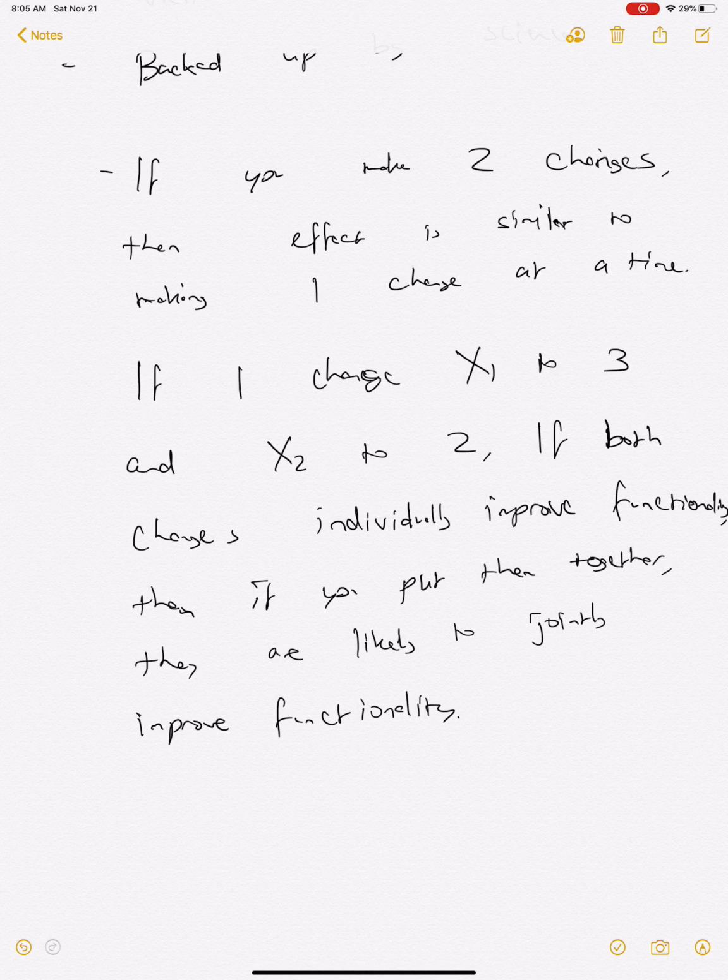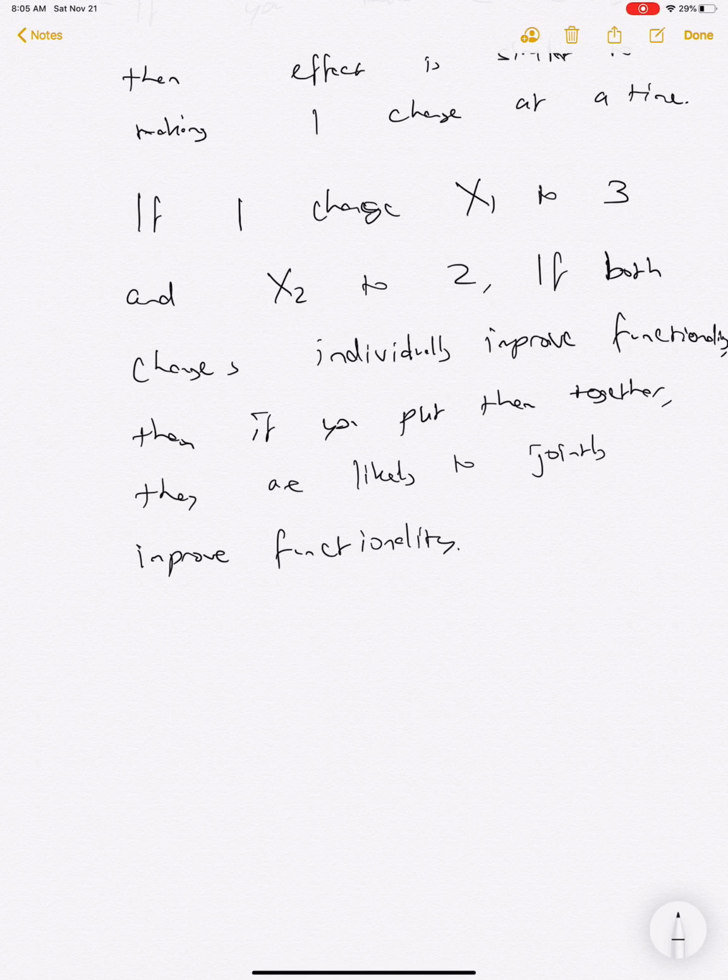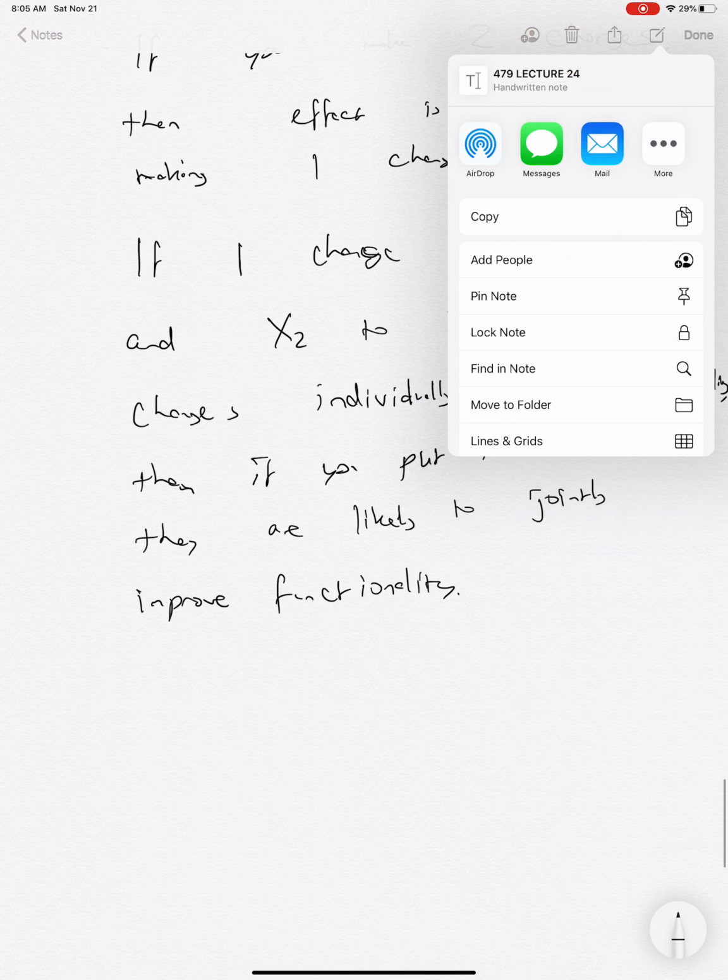And this isn't true for everything, but this is a broad conclusion that we can draw. So this is backed up by scientific knowledge, domain knowledge, or common sense, or whatever you want to call it.